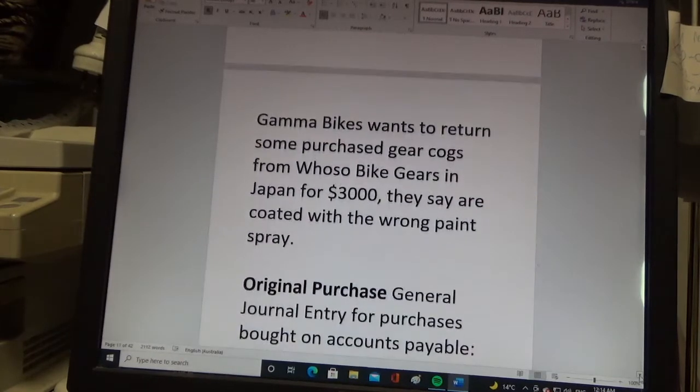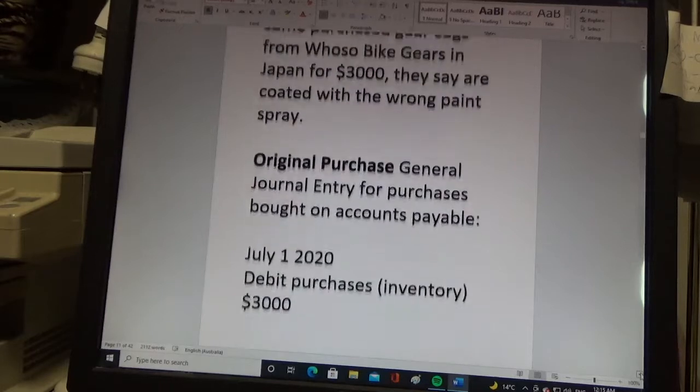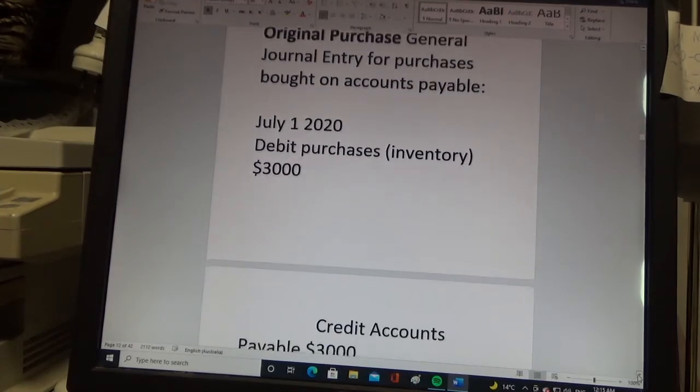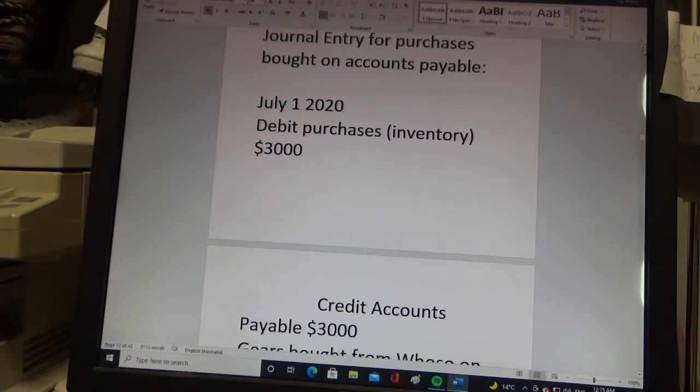Gamma Bikes wants to return some purchased gear cogs from Hoso bike gears in Japan for $3,000. They are coated with the wrong paint, they say. So the original purchase is debit purchases, inventory, and credit accounts payable for $3,000.